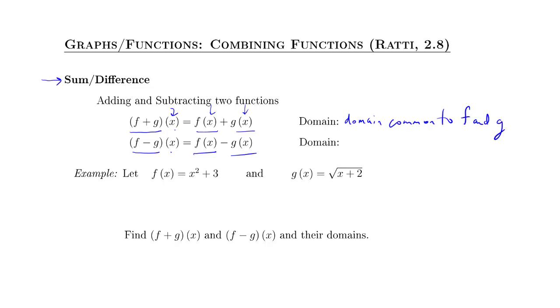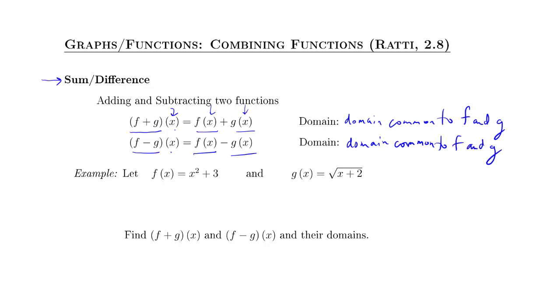So basically, it would have to be whatever is in both f and g's domain. So whatever's common to the both of them. And the same thing for the difference. It's the domain common to f and g.